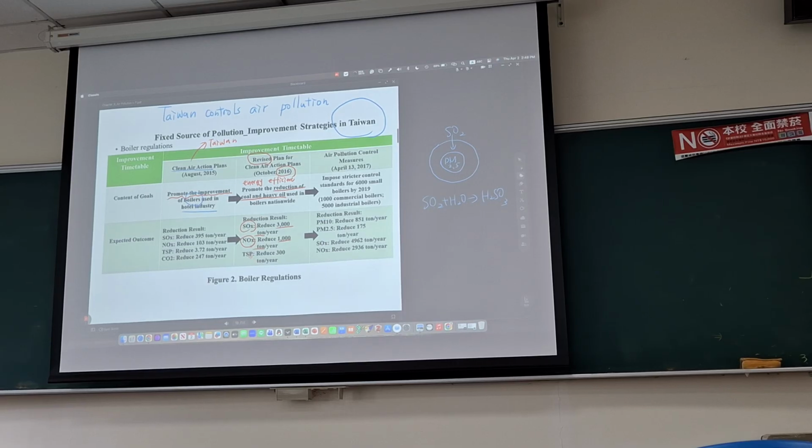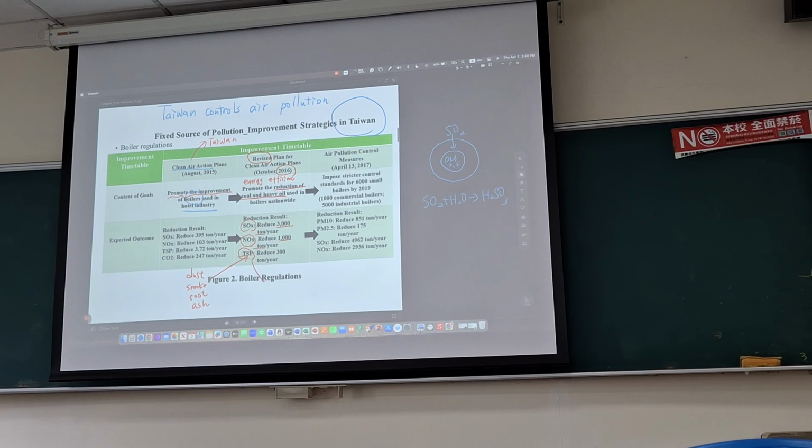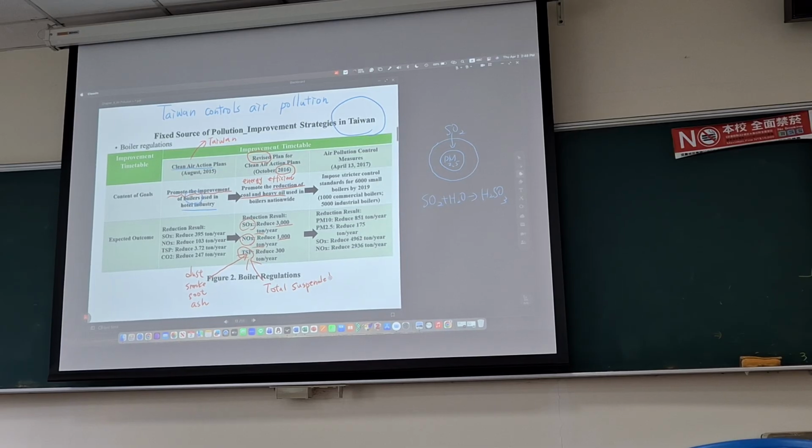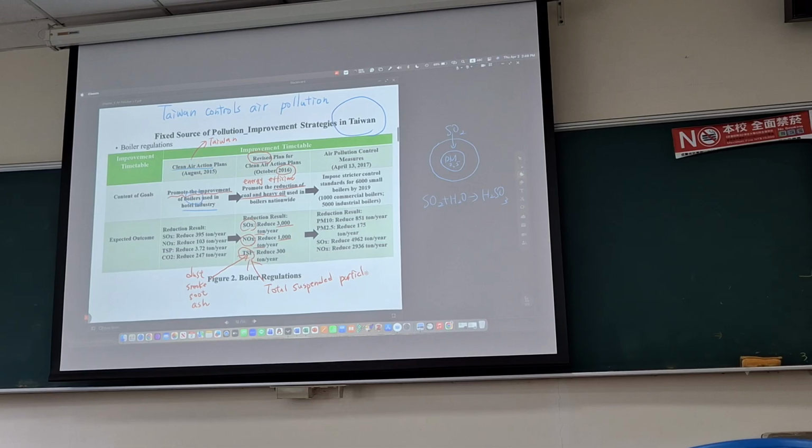And the TSP here means the dust, the particles suspended in the air.